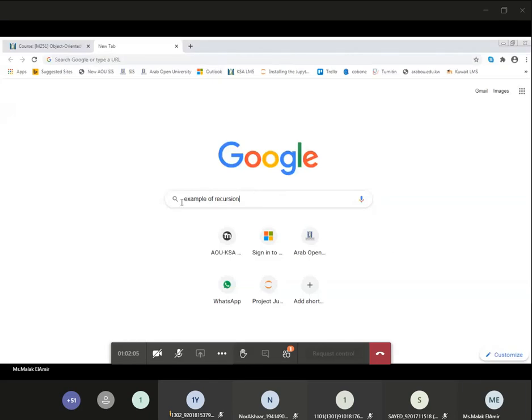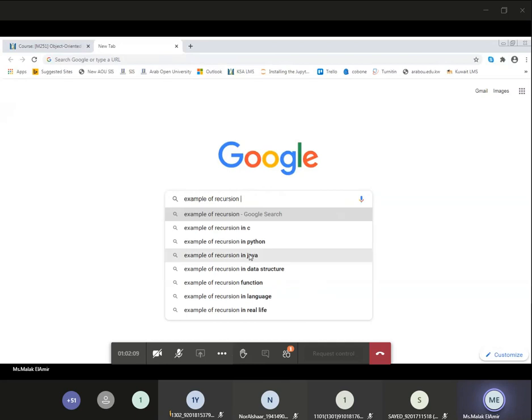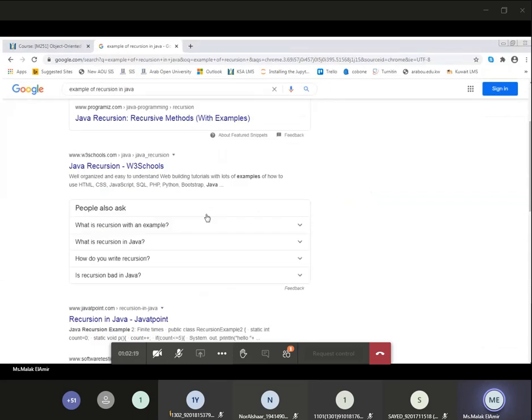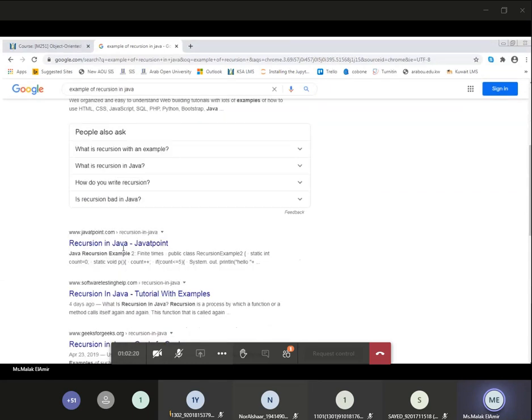Here, an example of recursion in Java. I have here different examples of recursion, to get a lot of recursion in Java.